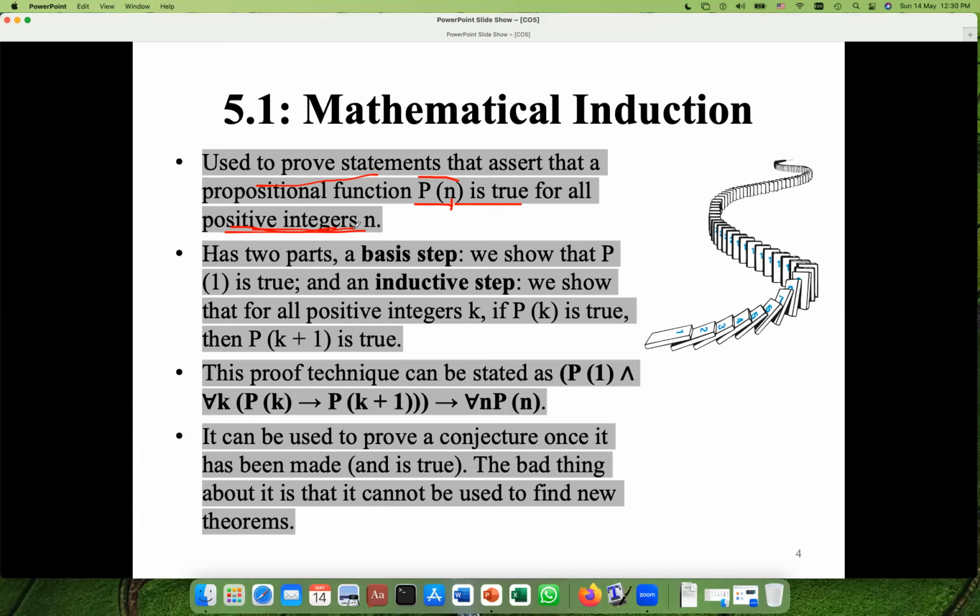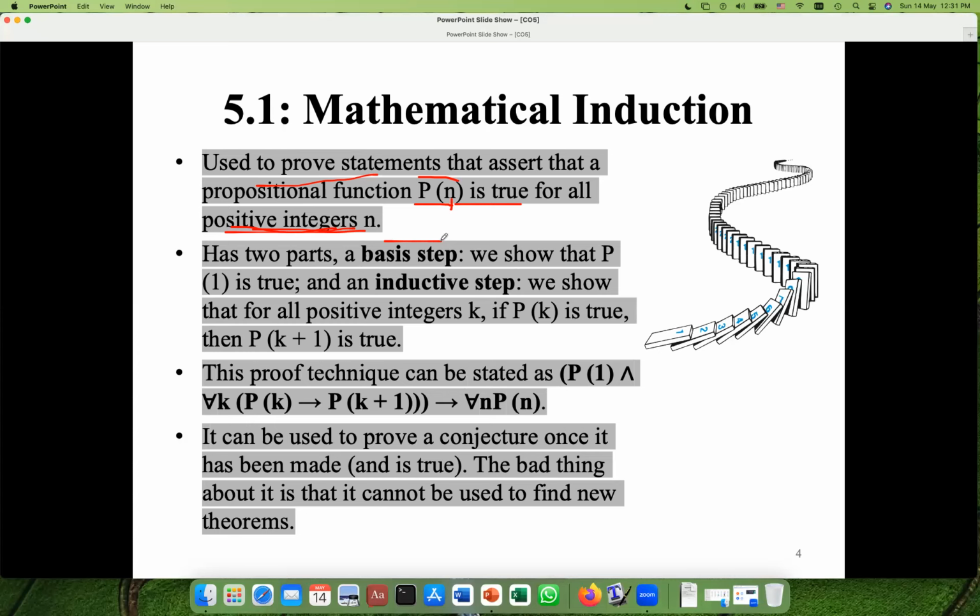And then mathematical induction has two parts. When you are going to prove it, you have to evaluate that problem by using these two steps. The first step is called the basis step. I don't know if this is an Arabic word, bunyad. Bunyad is an Arabic word? Yeah, foundation. What is the Arabic word? Asas.